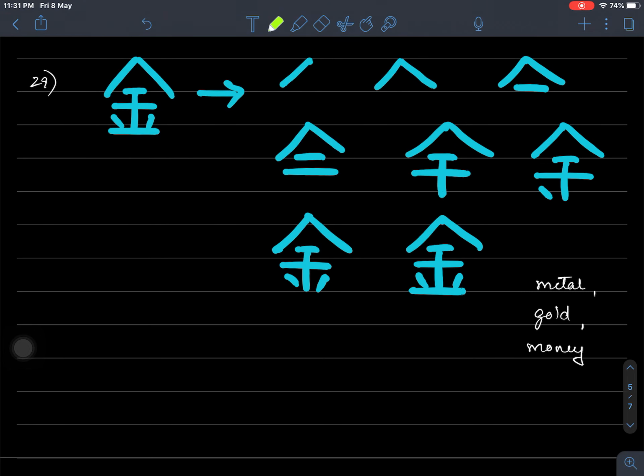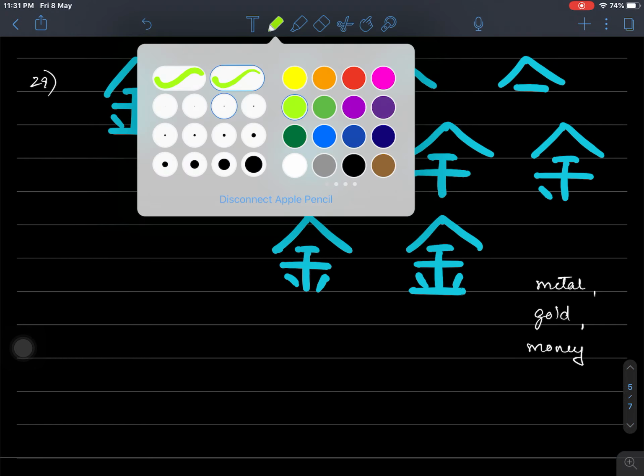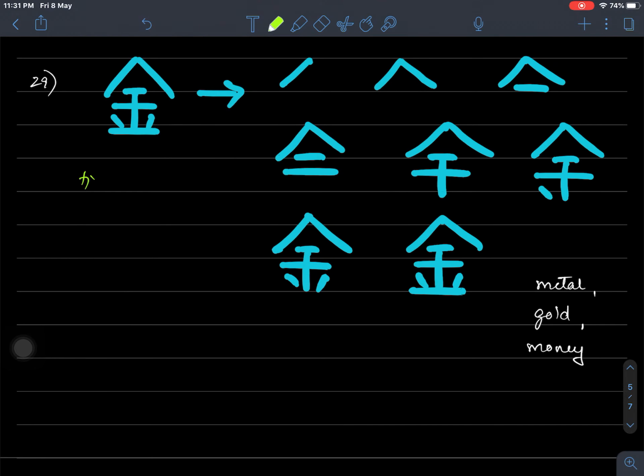Let's quickly have a look at the on and kunyomis. The kunyomis: kane, gane, and kana.